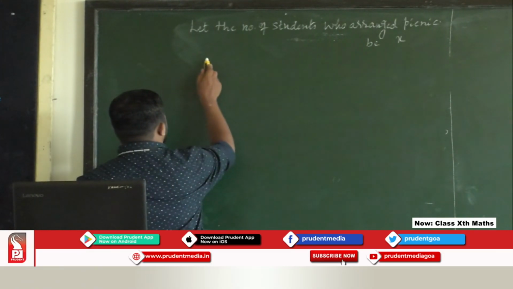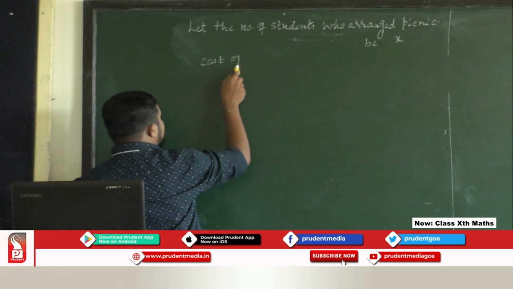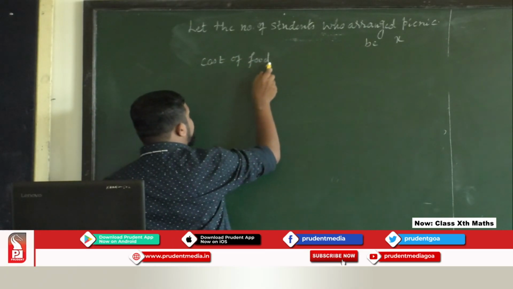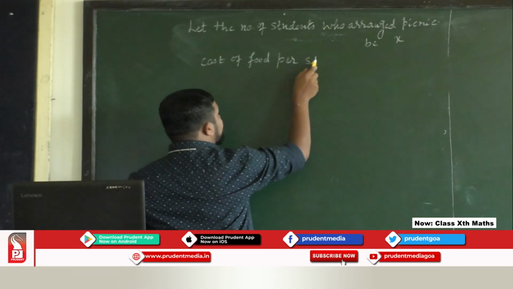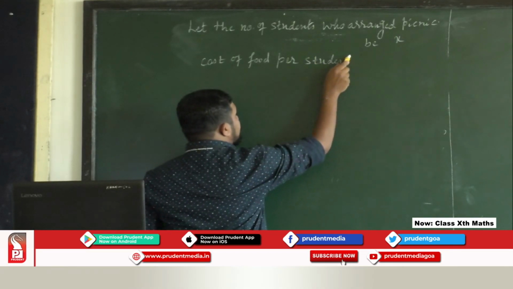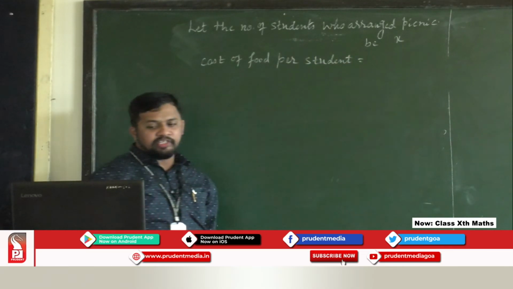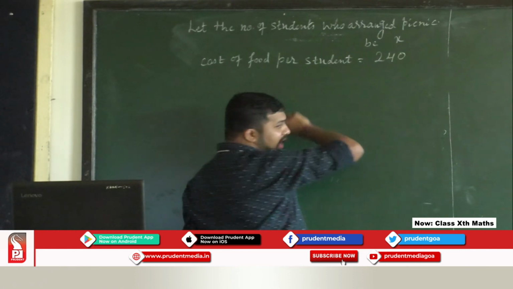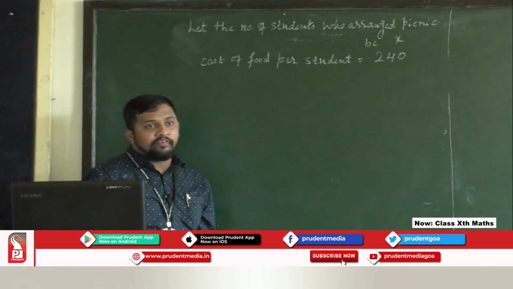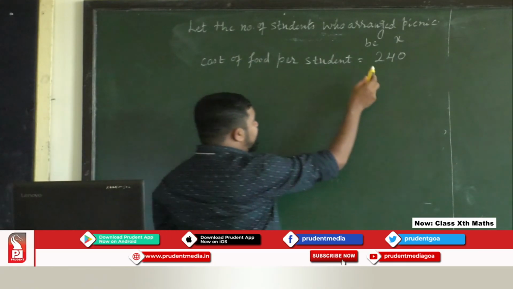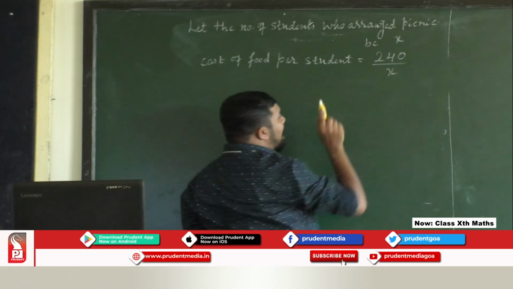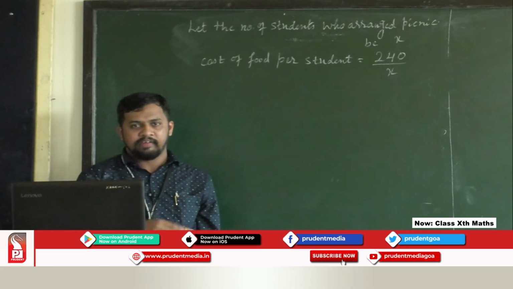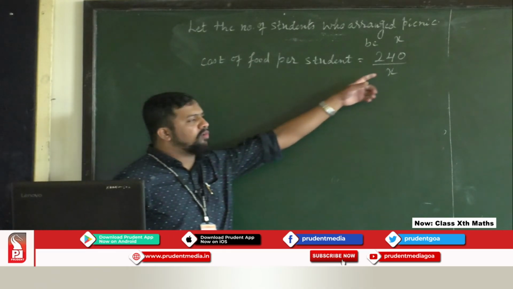So cost of food per student. The budget is made 240, that means 240 should be the entire budget. What does everyone have to pay? You divide 240 by the number of students coming. If 10 are coming, it will cost you 24.